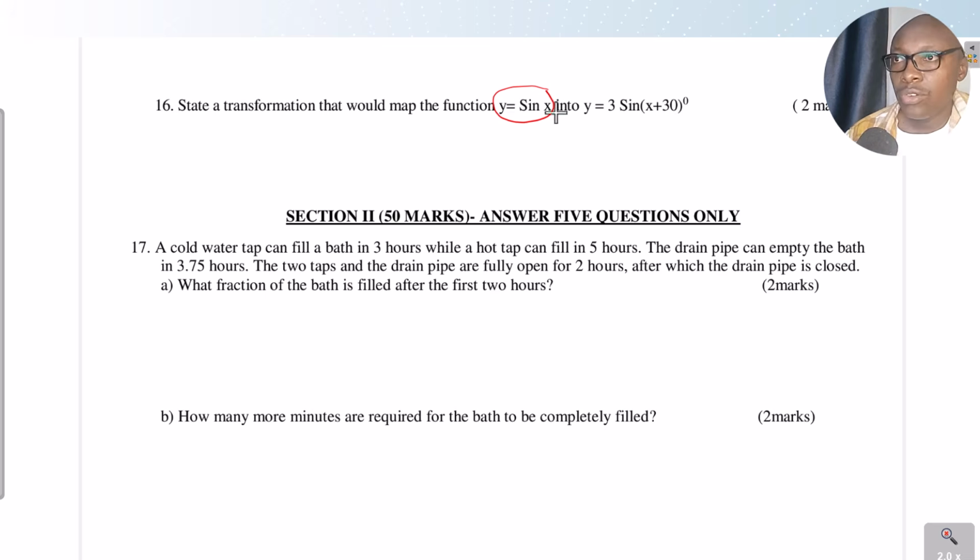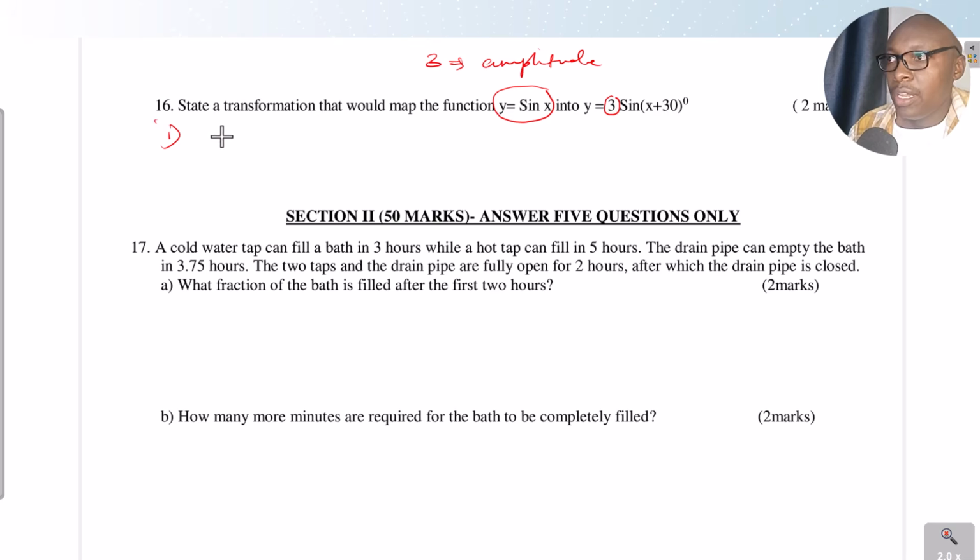Now, one thing that you notice is happening to this curve: you have this 3. So what does that mean? Remember, 3 represents the amplitude. That means this will be a vertical stretch.